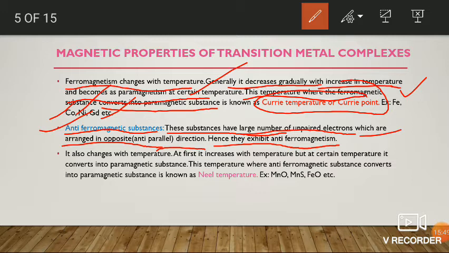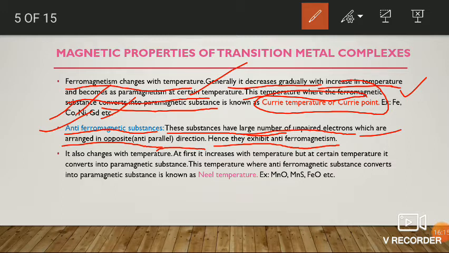It is because, in antiferromagnetic substances, within the crystal lattice, the arrangement of unpaired electrons on one metal atom or element is opposite to that of the other element present adjacent to the first atom.